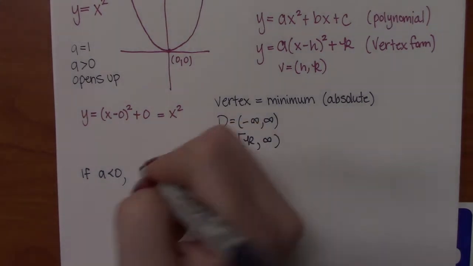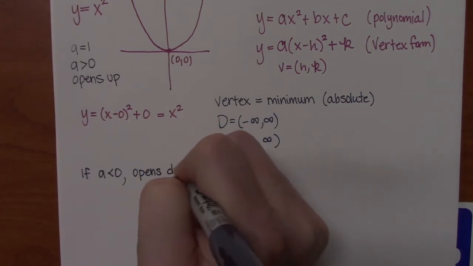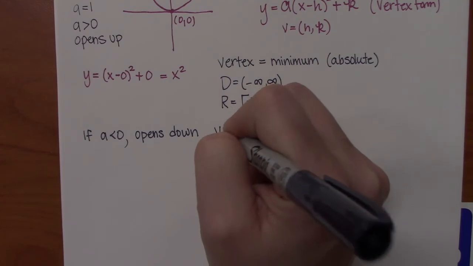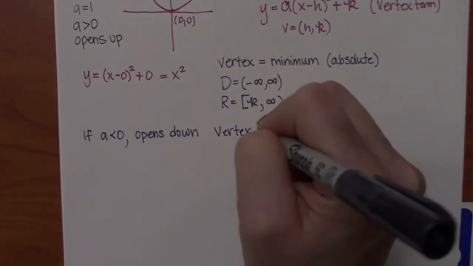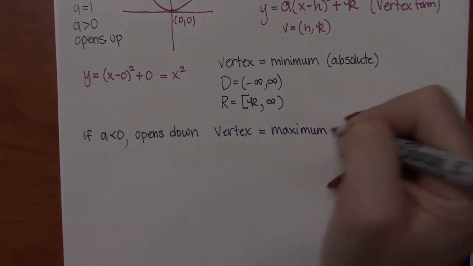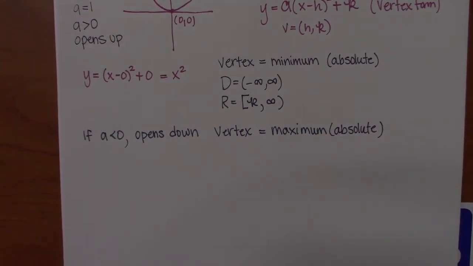So when a is less than 0, the parabola opens down. So now the vertex is the absolute maximum on the graph. There will be no point higher than that.